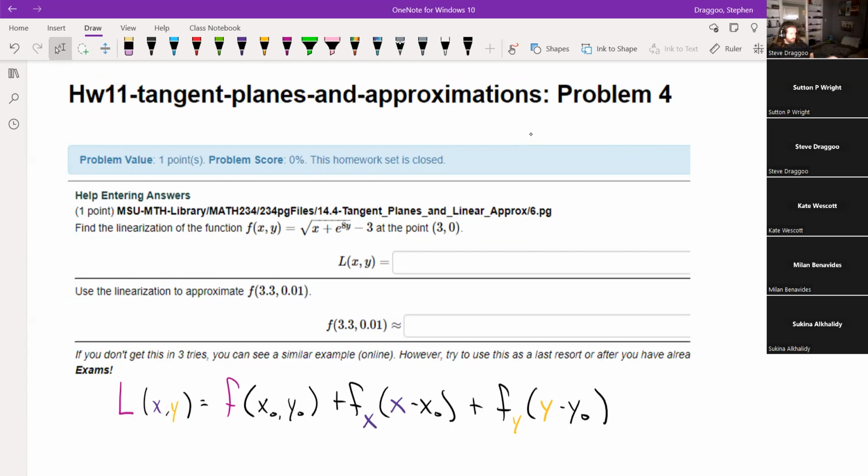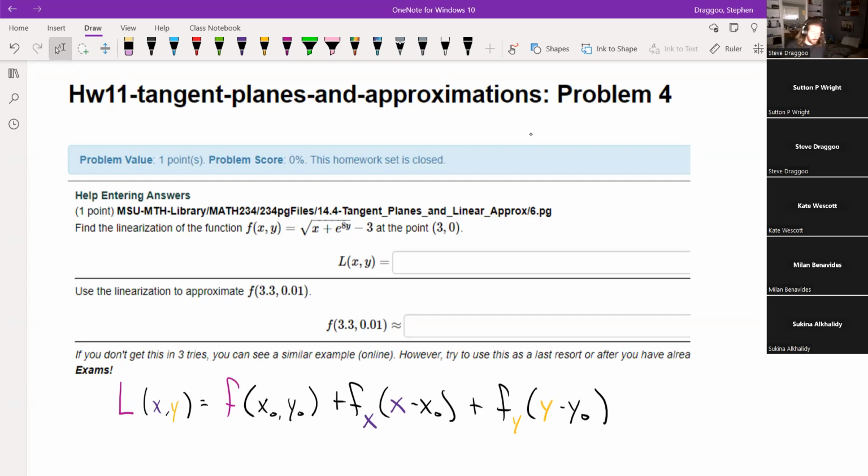So we want a linearization of some function f. We'll figure out what the linearization looks like as a function, and then turn that into an approximate function value at a point very close to our center.